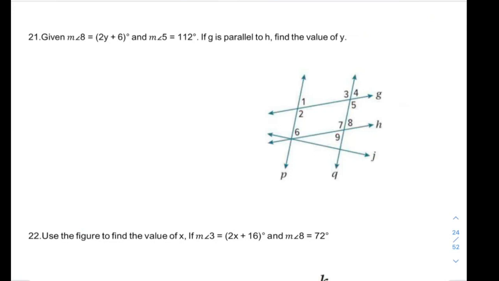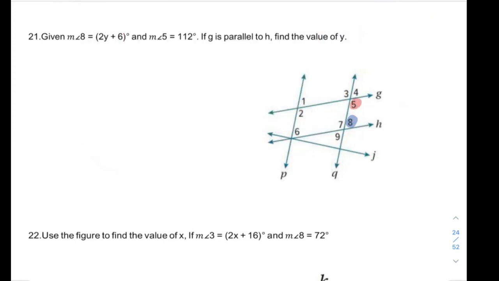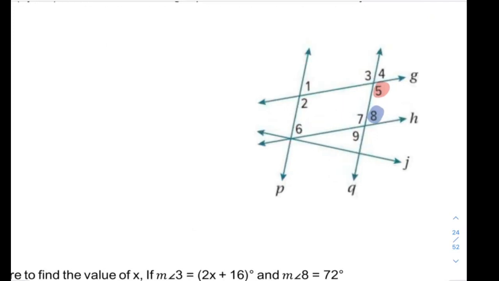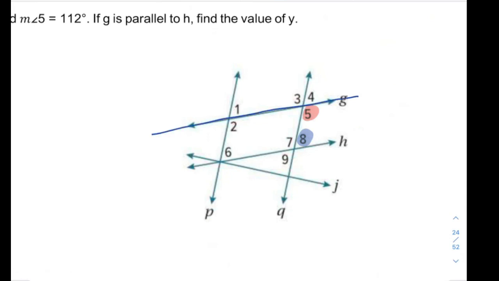Given measure of angle 8 is 2y plus 6. This is angle 8. And measure of angle 5, this is angle 5, is 112. If G is parallel to H, so this is line G parallel to H, and this is the transversal cutting them.